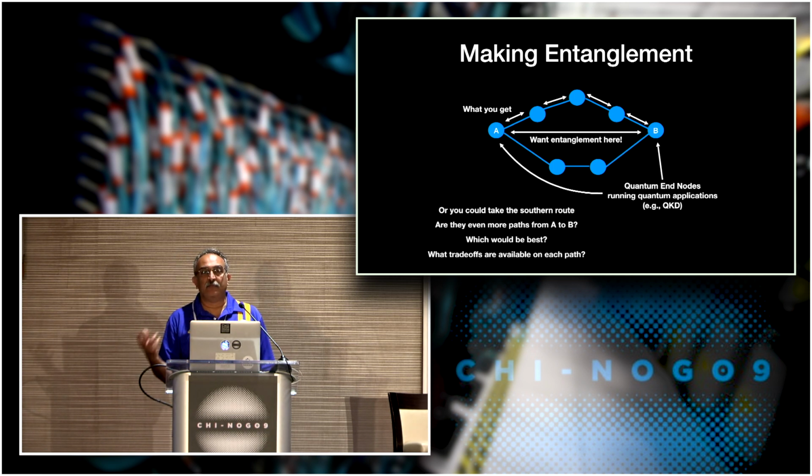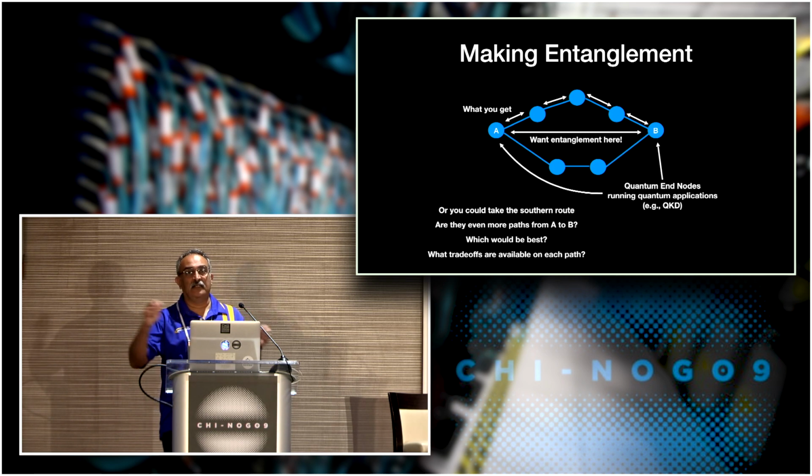Well, you have to have a path. If you want to go from A to B, you have to know what are the hops you go through, and then create these entanglements across all these hops. And the choice of these hops is, what gives me the best entanglement, but not just the adjacent entanglements, but maybe the quality of the entanglement, the ability to swap the entanglement between A and the next guy and the next guy and the next guy after that.